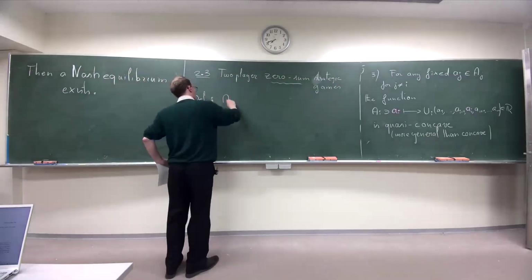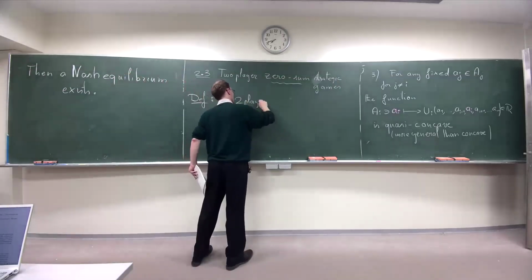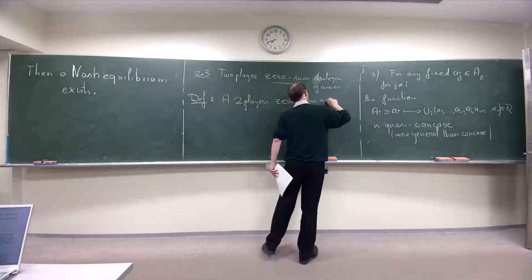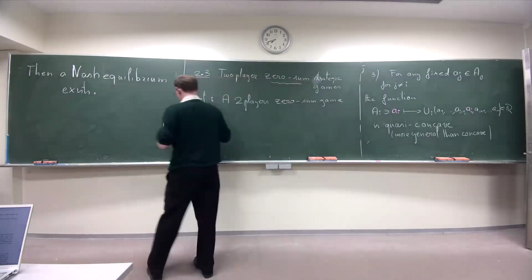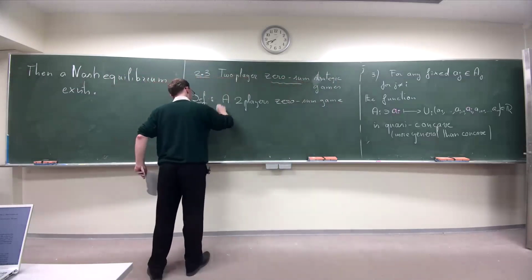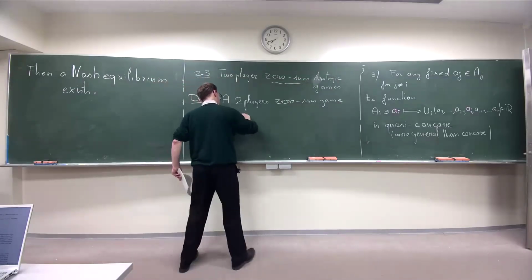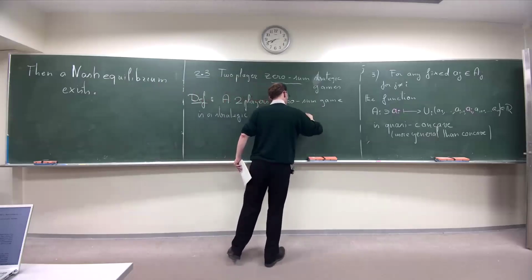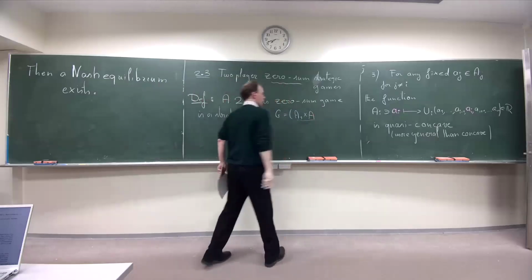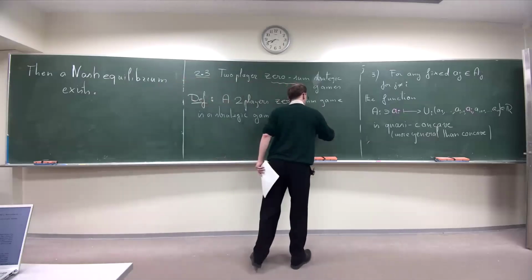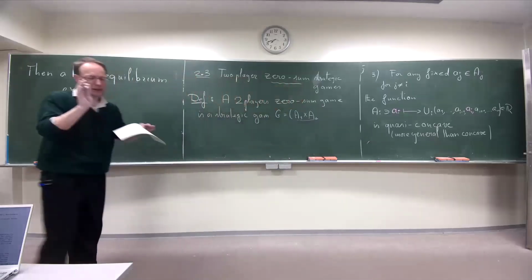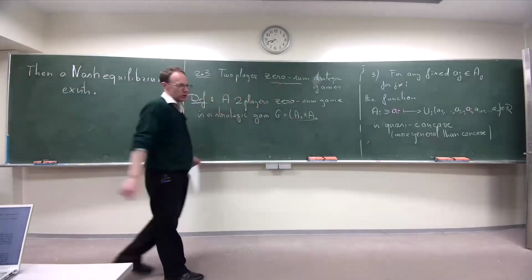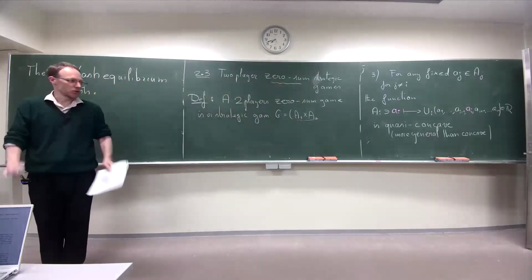So I need to give you the precise definition. A two-player zero-sum game is a strategic game G with two sets, and sometimes I'm going to write this A1 times A2, because if you look at what I have defined, the set A is exactly the product of A1 times A2.